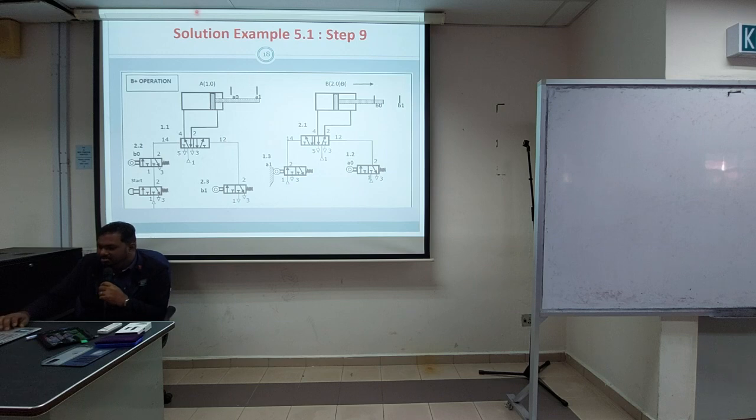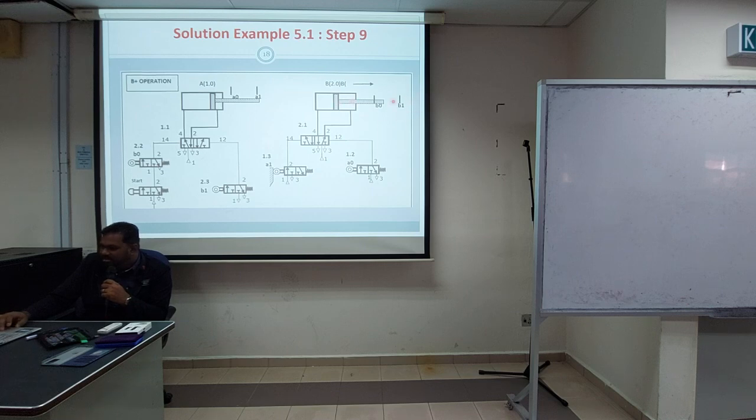So ini adalah B plus operation. So cylinder A dah extend. So reach at A1. So A1 is activated, so it will give signal for cylinder B to extend. So this is B plus operation. So selepas B plus operation, what will happen? So dia akan extend sampai B1 on.